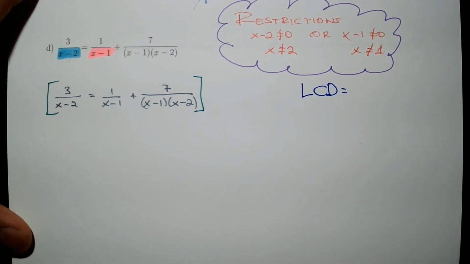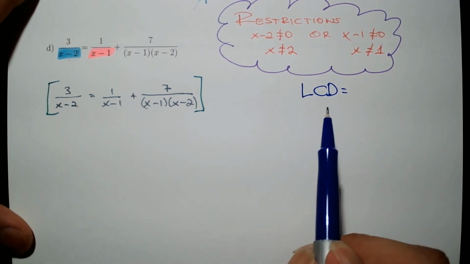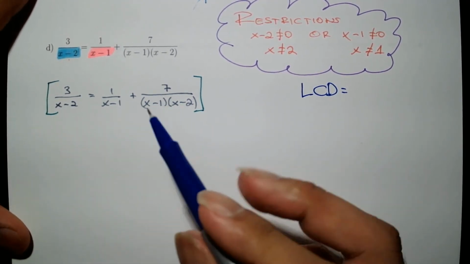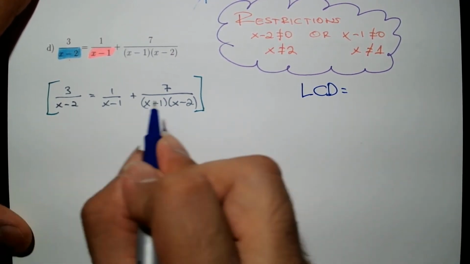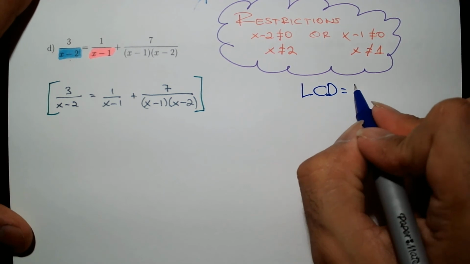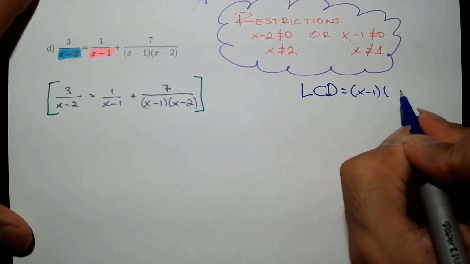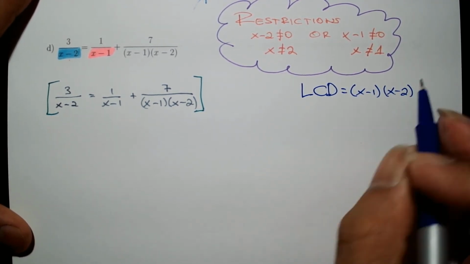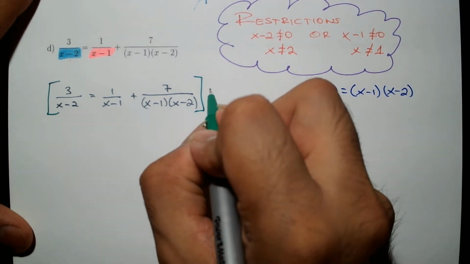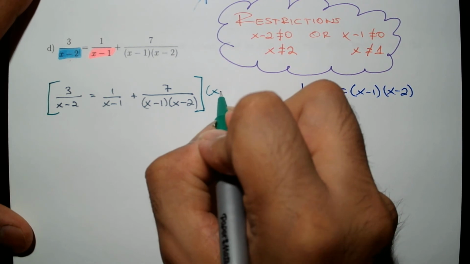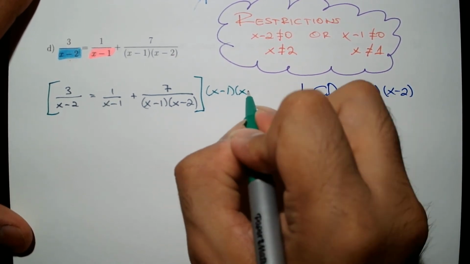The LCD, which is the least common denominator, will be the algebraic expression that divides out all the denominators. In this case, the product of these two, x minus 1, x minus 2. So I'm going to multiply both sides by that quantity, x minus 1, x minus 2.